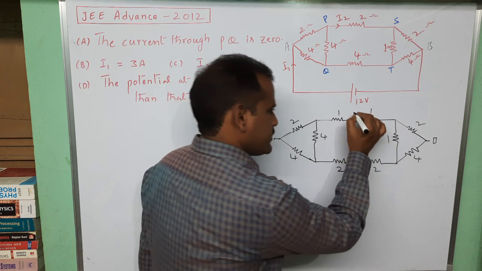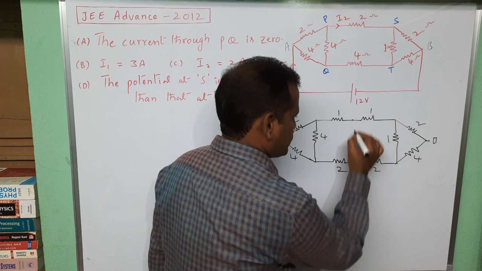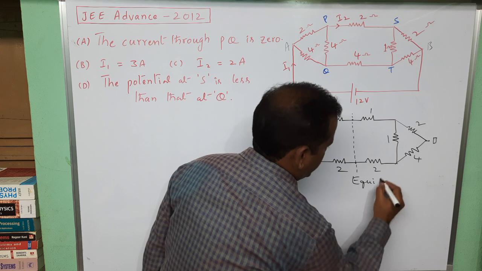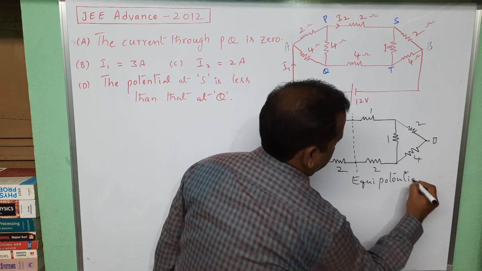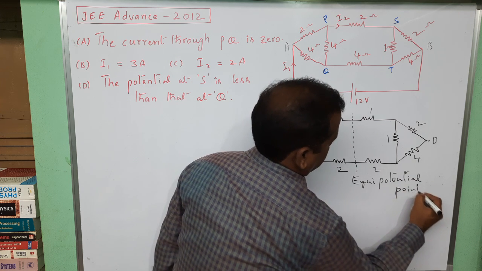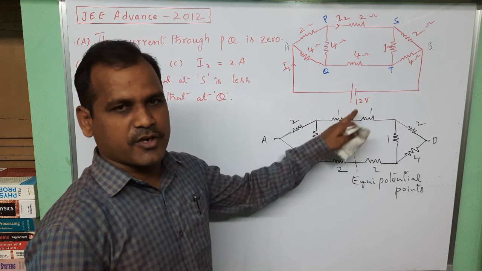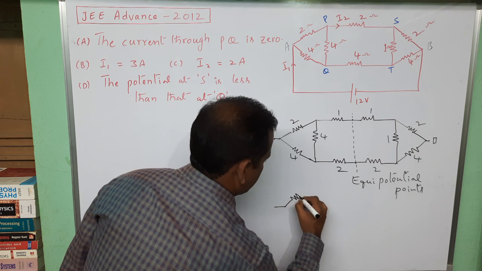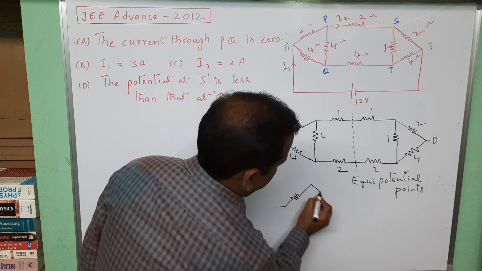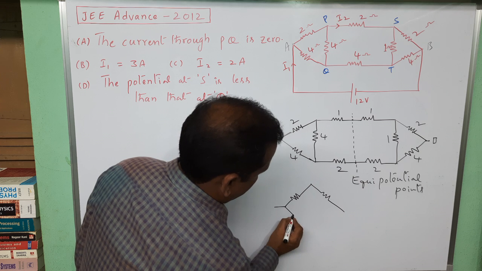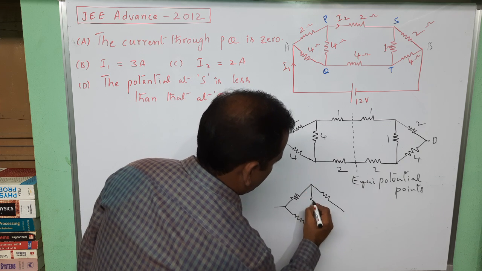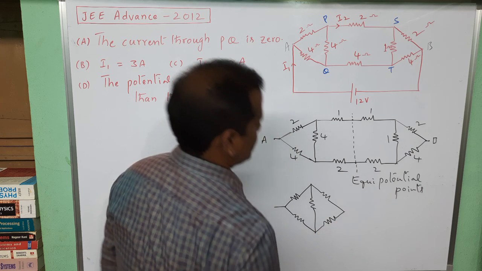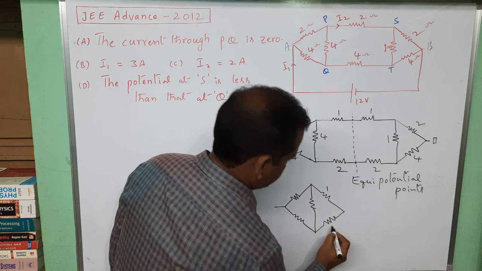What I am doing means this point, if you observe, these two are equipotential points. We can combine the equipotential points in the circuit so that the given circuit can be rewritten like this. This is 1 ohm, this is 2 ohm.